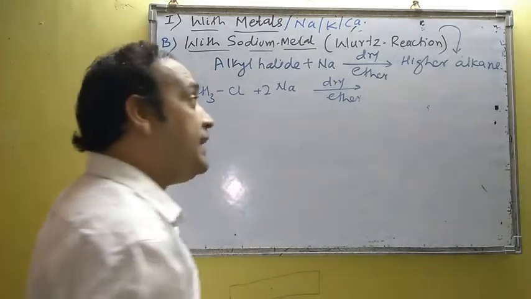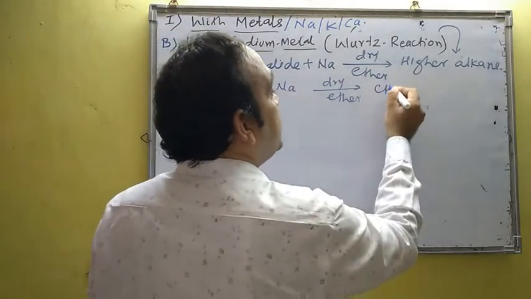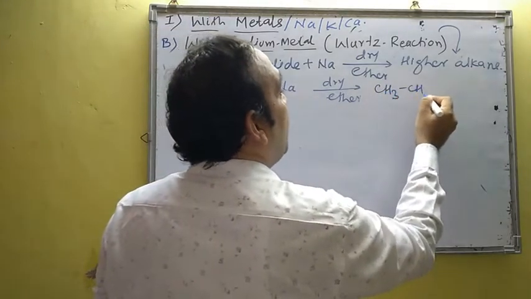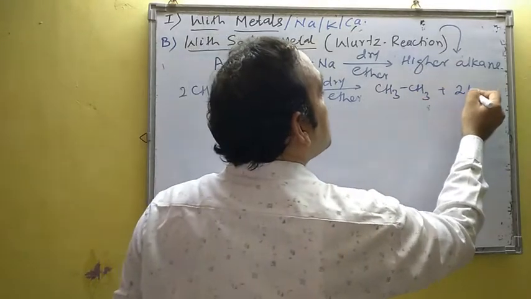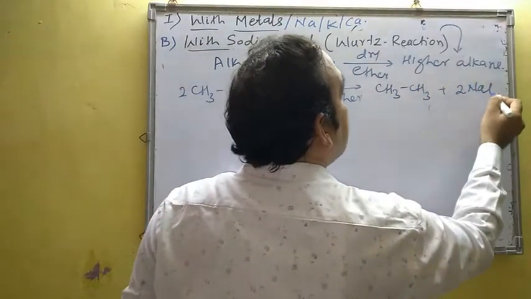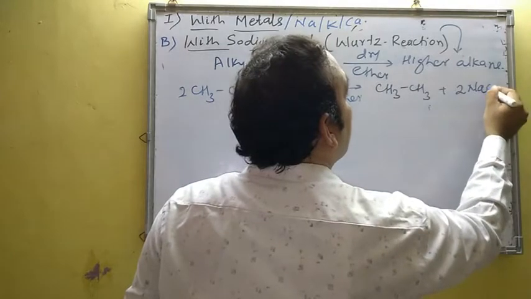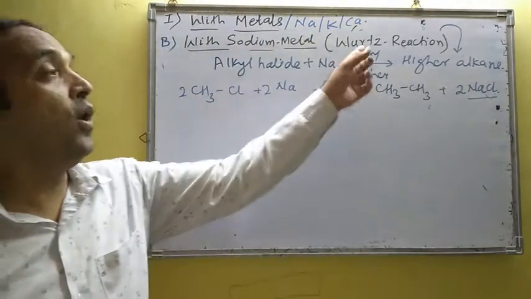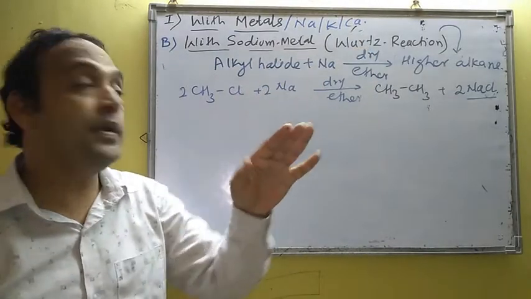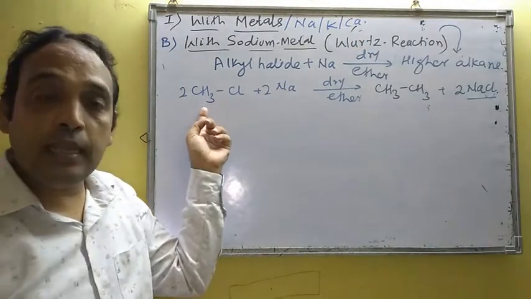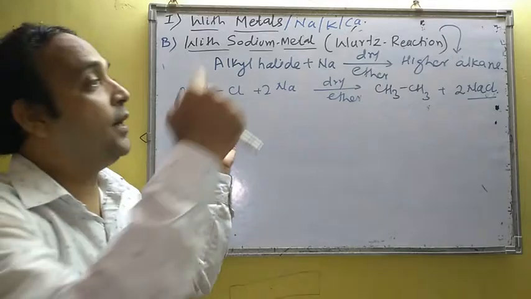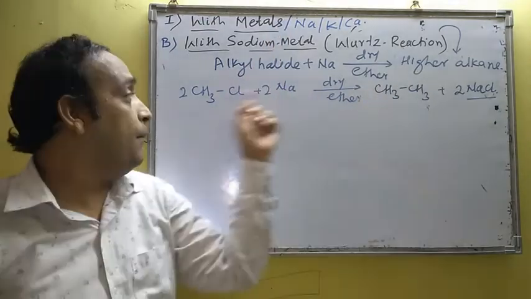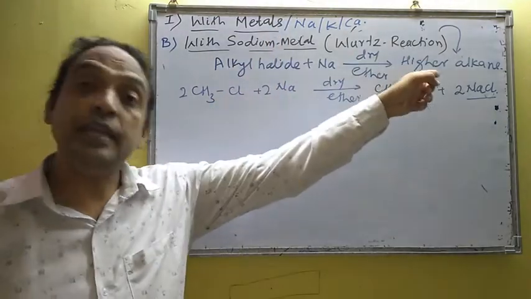Ethane. So my product is CH3-CH3 plus 2 NaCl, and this reaction is known as the Wurtz reaction. Higher alkane means the product has double the carbons of the alkyl halide. Methyl chloride converts into ethane.